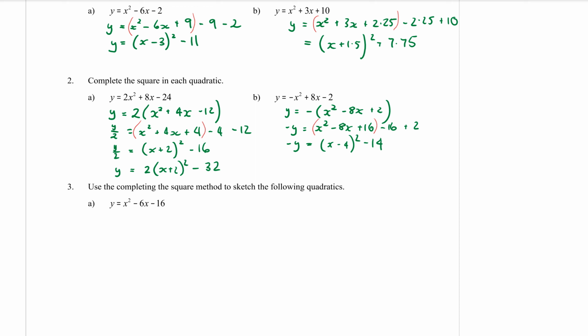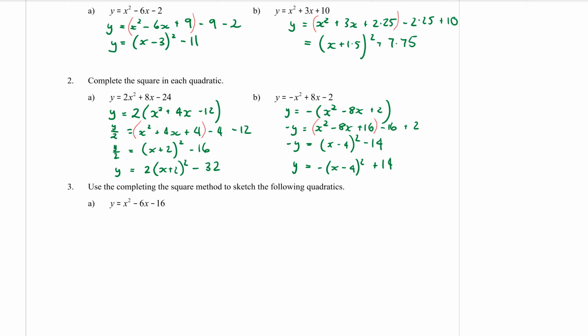So let's divide the minus sign back across the other side, which will make y equals a negative x minus 4 squared and plus, changes the sign, 14. Yeah? All right.